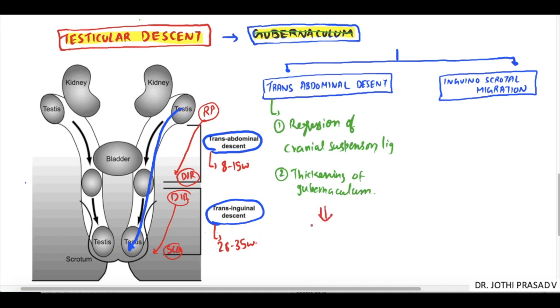This is under the influence of INSL3, or insulin-like factor 3. Inguinoscrotal migration is classically due to androgenic control. It is due to the release of CGRP, otherwise known as calcitonin gene-related peptide.